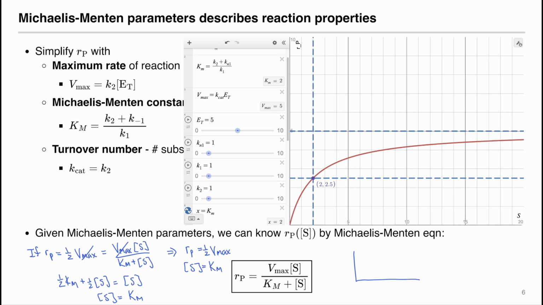So we have the graph of the Michaelis-Menten equation, x-axis of S, y-axis of R of P. The maximum here is the Vmax, and at the half maximum point, so Vmax divided by 2, we have the concentration of S as the Michaelis-Menten constant.